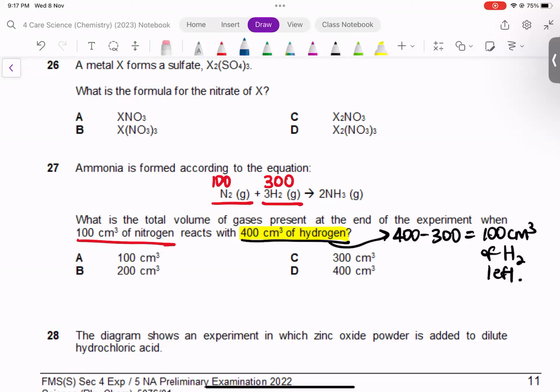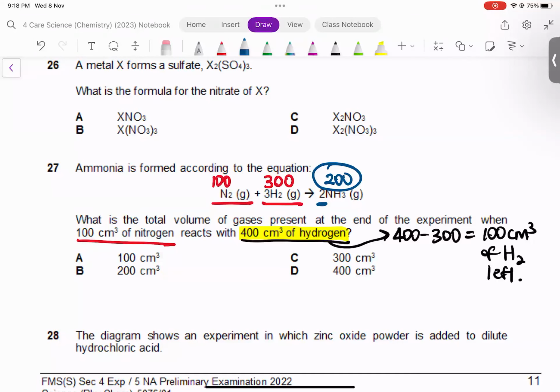Next, how many cm cube of NH3, ammonia, will be formed? Well, it's 1:2, so it's 200. I have 200 cm cube of ammonia formed because the ratio is 1 N2 to 2 NH3, so 100 gives 200 NH3. But is that the answer?